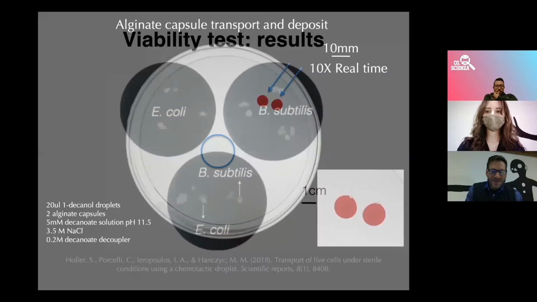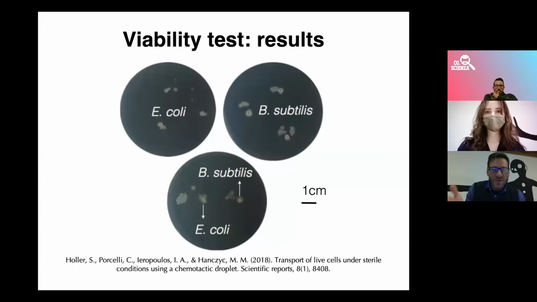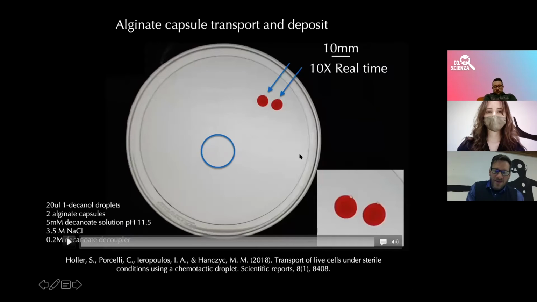So we're able to do something fun with this as an example. What can you put in these packages? Well, you can put cells in the packages. We put some sort of bacteria in them. These are the packages; you can see these little white circles. After transport, we harvest those packages and ask, are these cells still alive? In many cases, yes, they're still alive. It's not trivial to say that, because this chemical experiment is at very high pH.